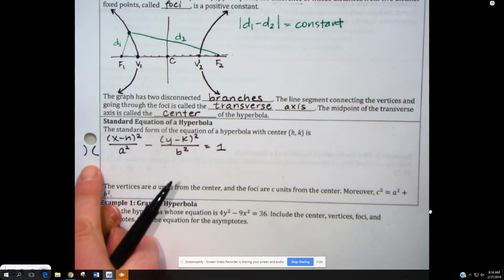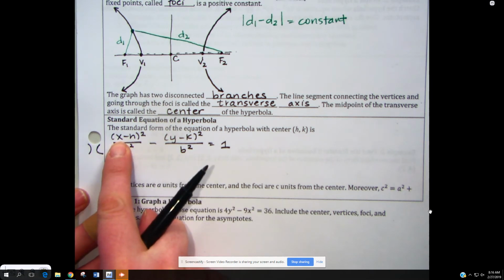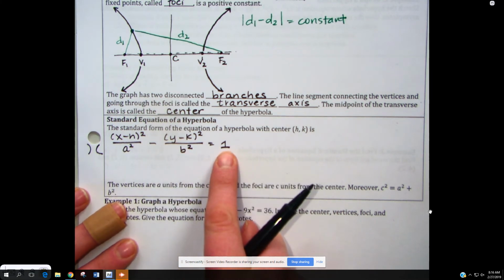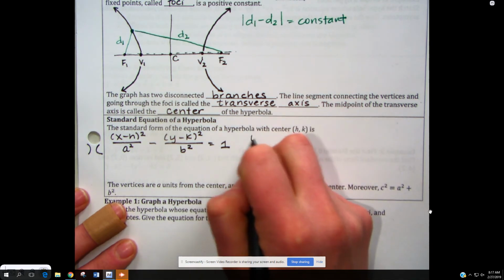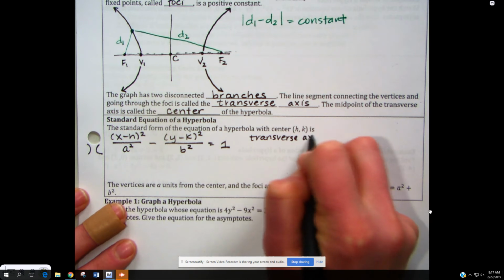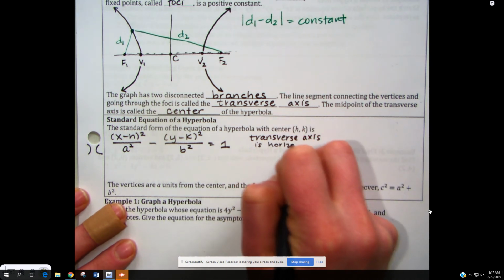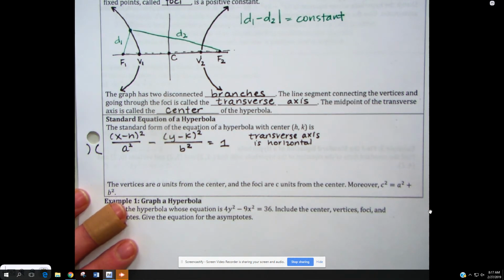This would have your branches opening right and left. If you're opening right and left, your x is coming first. Always subtraction, always equal to 1. Your center is your h and k. So I'm going to make a little note here. This is the version you use when your transverse axis is horizontal. So the drawing I did at the top would look something like this, but the h, k would be 0, 0.